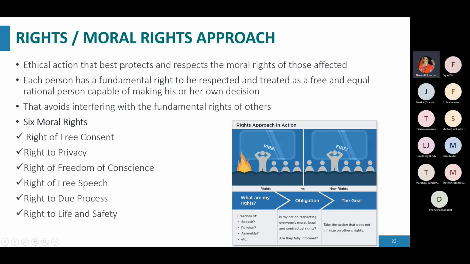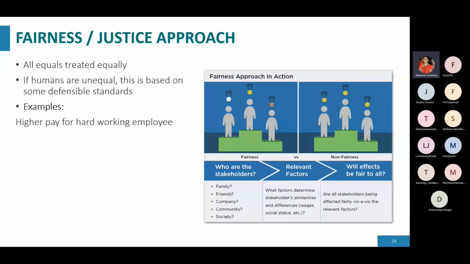All equals are treated equally. The fairness or justice approach is telling something different from the utilitarian approach. In the utilitarian approach, we say that all people need to be treated equally. The fairness or justice approach also says the same thing.